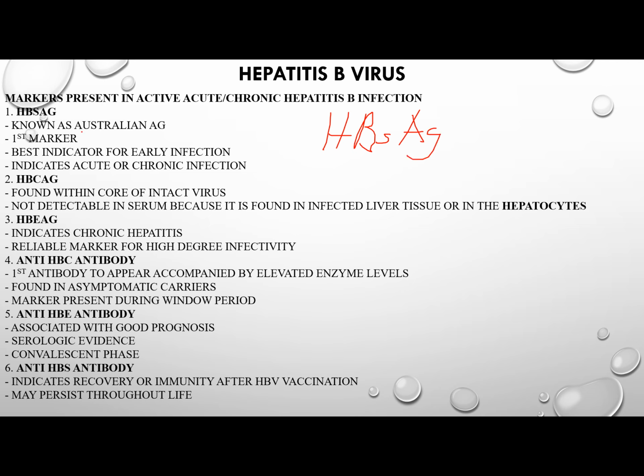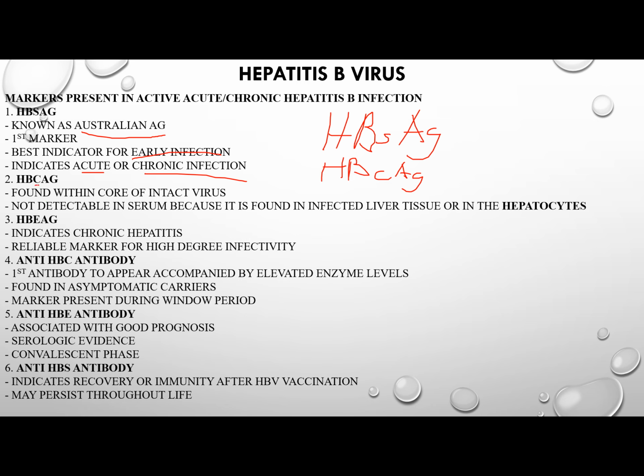Now, HBsAg is also known as your Australian antigen. This is the first marker, the best indicator for early infection. Can indicate acute or chronic infection. So kapag nag-positive ka sa hepatitis class, you are newly infected, this would be the first marker that would be increased.